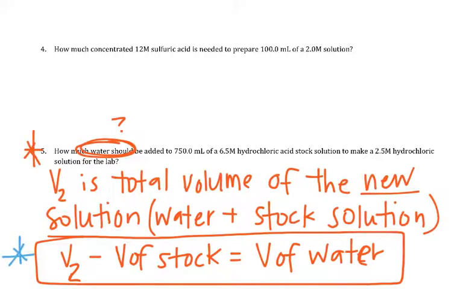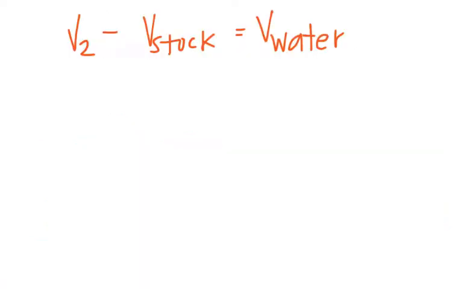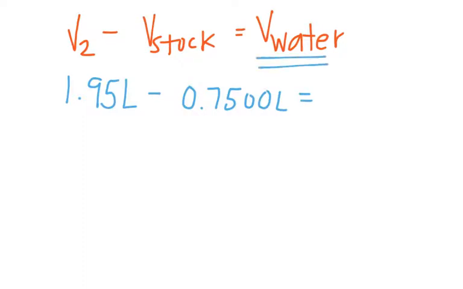As I said, the volume we found is the total, which means that it includes the volume of the water and the volume of the stock solution that we used, which was actually given to us in our problem. So using that volume that I solved for, the 1.95 liters, I'm just going to plug that into this simple subtraction to figure out how much water I need.